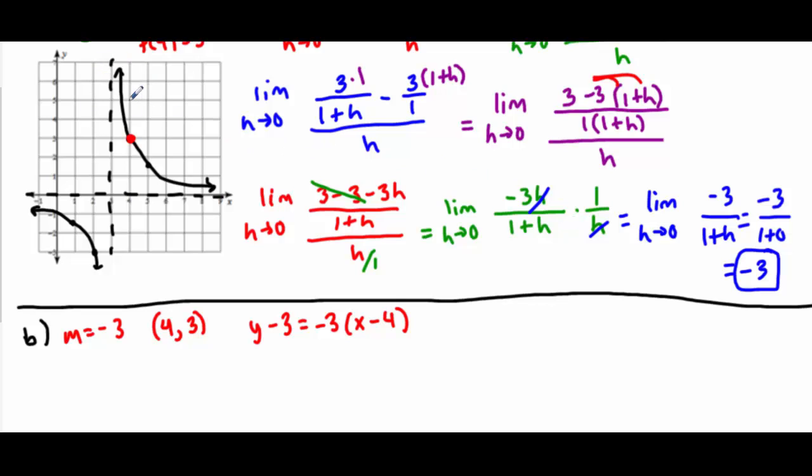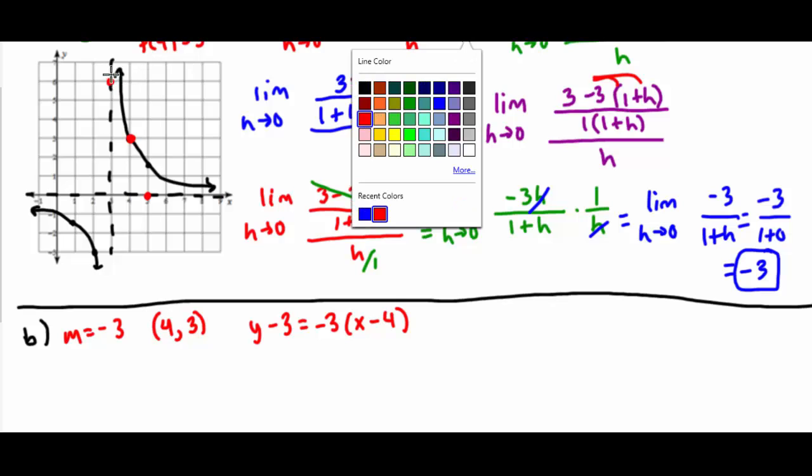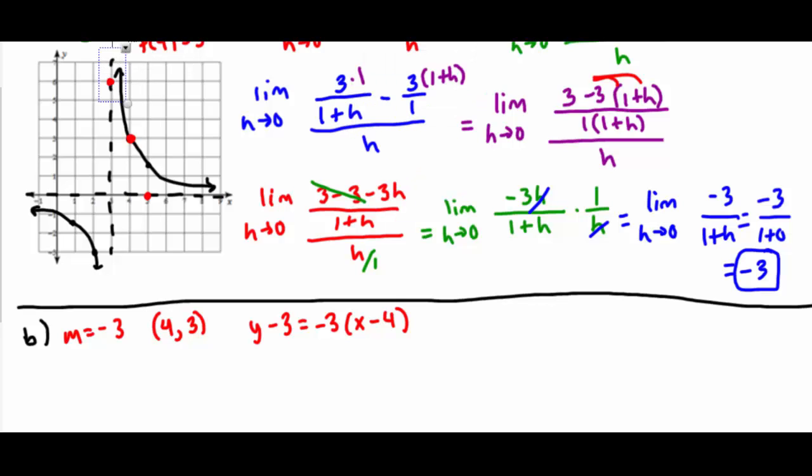So if I draw that, I start at 4, 3, and I have a slope of down 3, right 1. It's probably just going to be easier for me to draw it anyway, so here we go. There we go. So there's the tangent line.